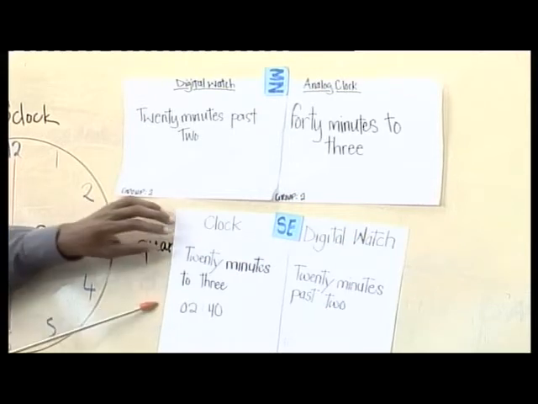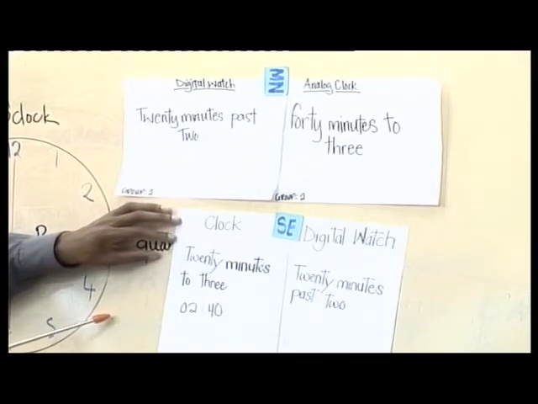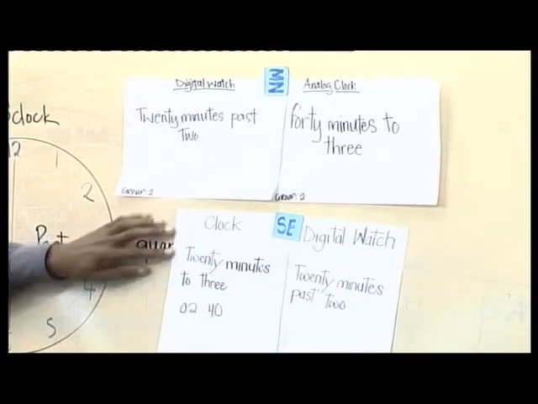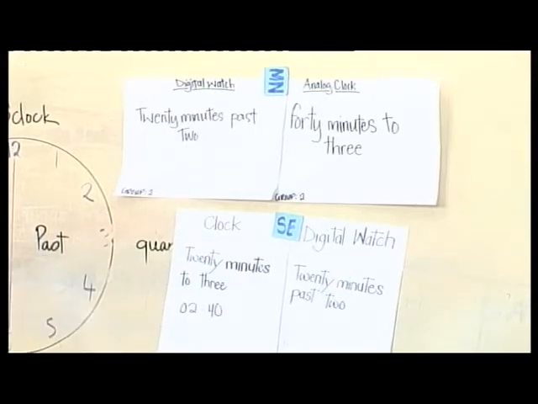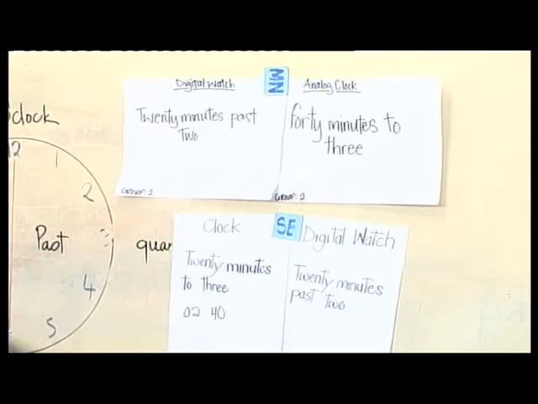So the time written in words should be 20 minutes to 3. So in digital, it will be 2:40. So group 4's answer is correct. 20 minutes to 3.